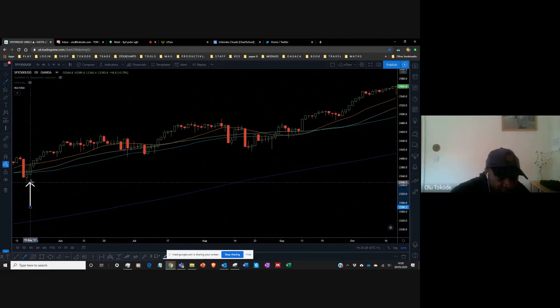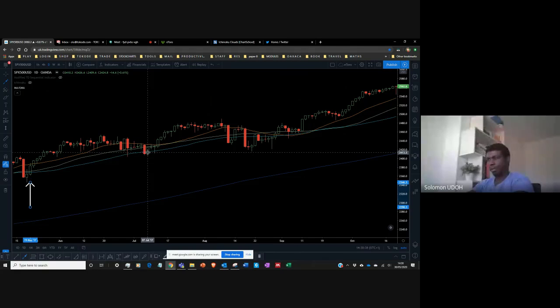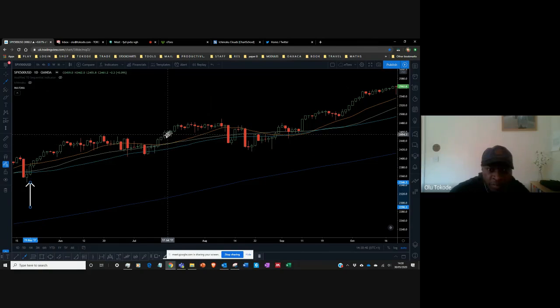You want to keep riding that rally, even when it comes down here, your lines do not cross over, you stay in it. It bounces back, it goes above.